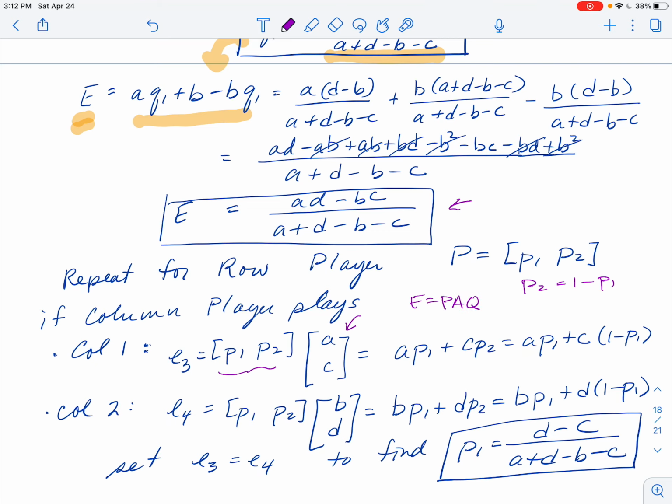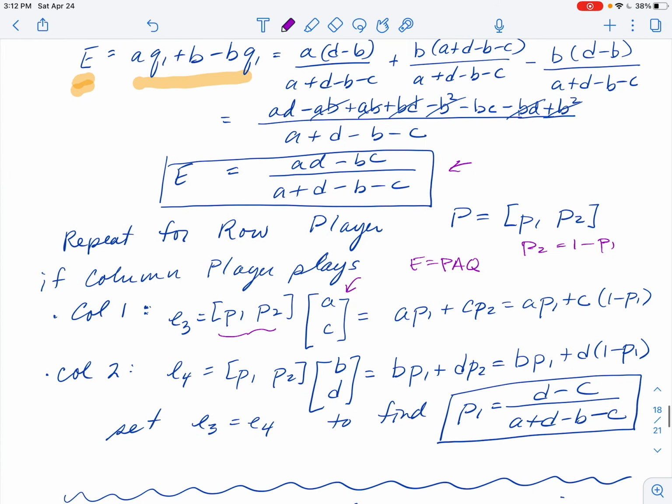P has to go in front of the A matrix. Q goes behind. Order makes a difference. So we put the P in front of that column, and when we do that, we get A P1 plus C times 1 minus P1. And then if we try the second column, we get this second amount.